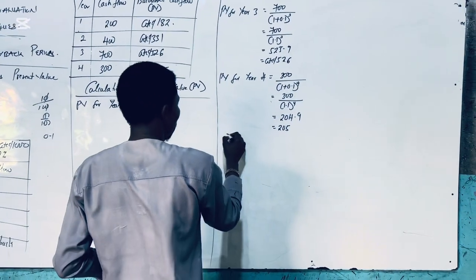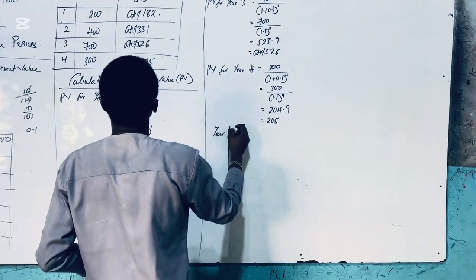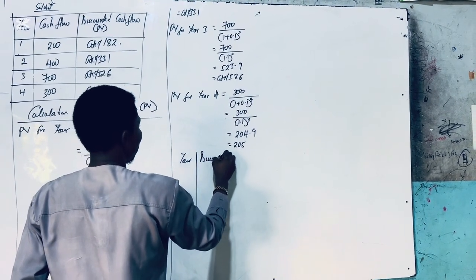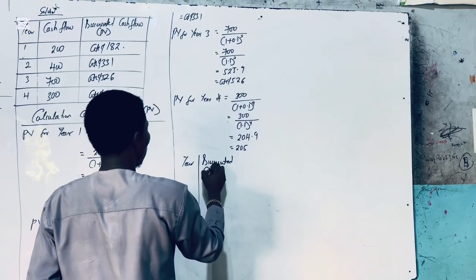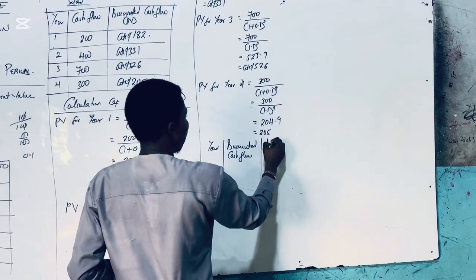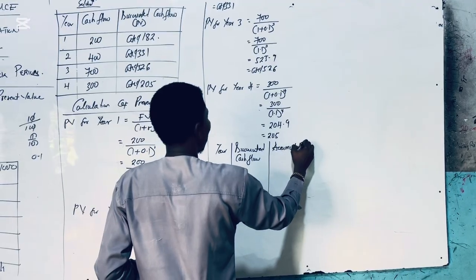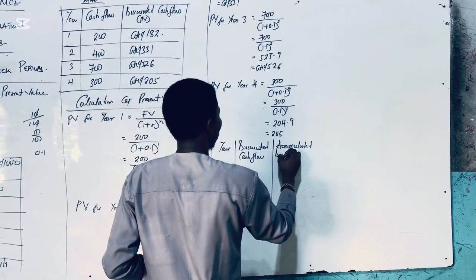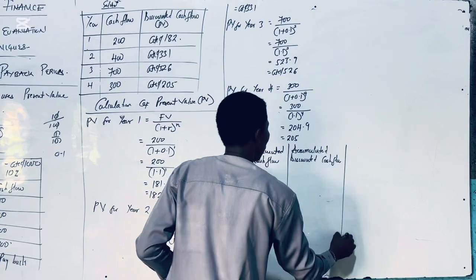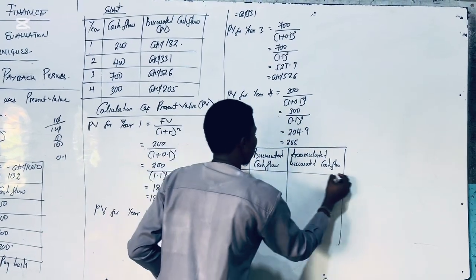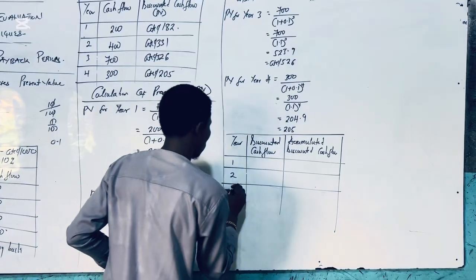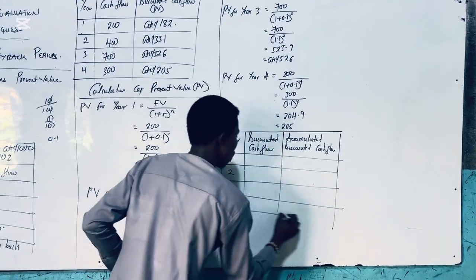We have, let's say, year 1. Now we have our discounted cash flow. That is what we were looking for. And then we have here accumulated discounted cash flow, in that order, for year 1, year 2, year 3, and then year 4.